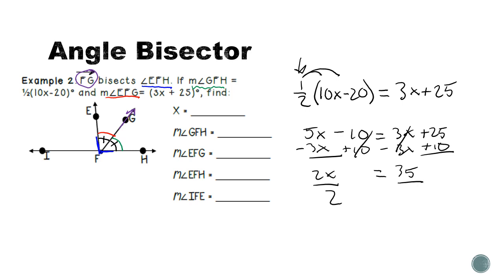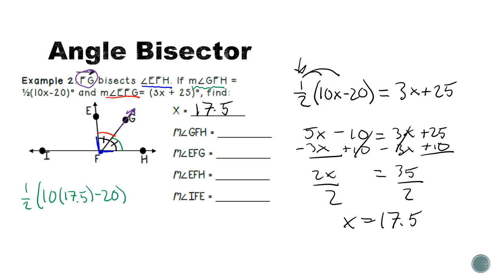And to solve, x equals 17.5. That's okay, we can have decimals there. The measure of GFH, that's our green angle, we're going to plug in 17.5 for x: 1/2 times (10 times 17.5 minus 20). Your handy dandy calculator will tell you that GFH equals 77.5.